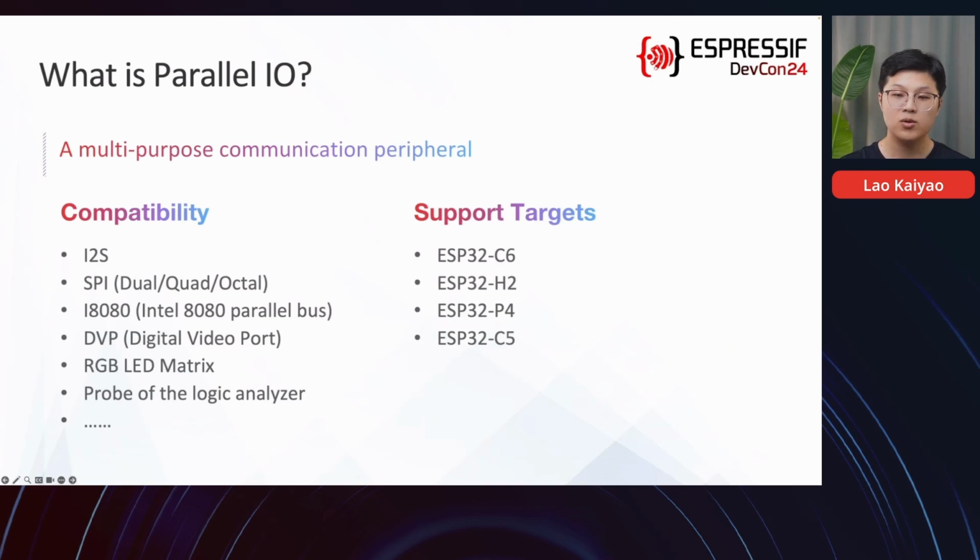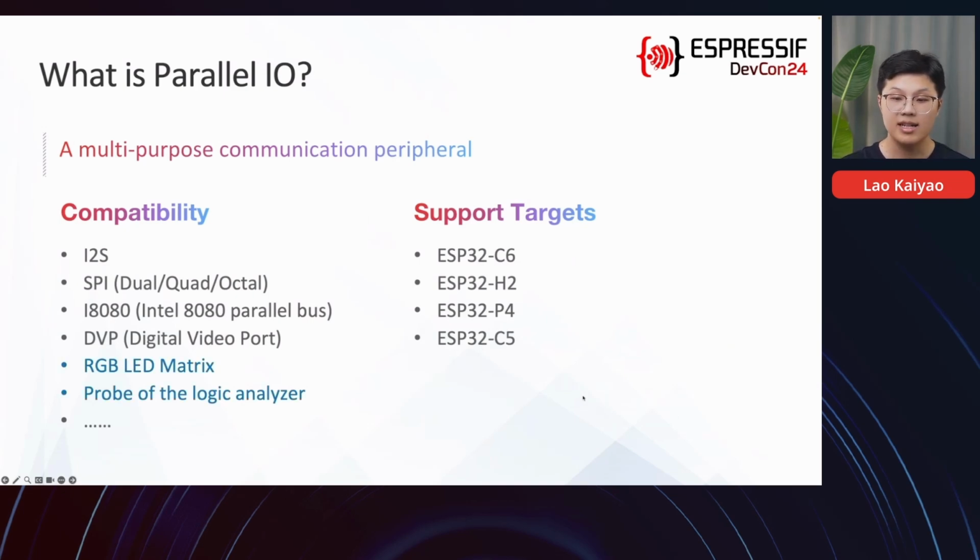It is compatible with various bus protocols like I2S, SPI, including Dual, Quad, and even Octo SPI, and the Intel 8080 parallel bus, DVP, RGB LED matrix, and lastly, it can perform as a probe of the logic analyzer, which will be introduced later. Maybe some of you have noticed that the parallel I/O first appeared on the C6, so it is relatively a new peripheral in the ESP-IDF.